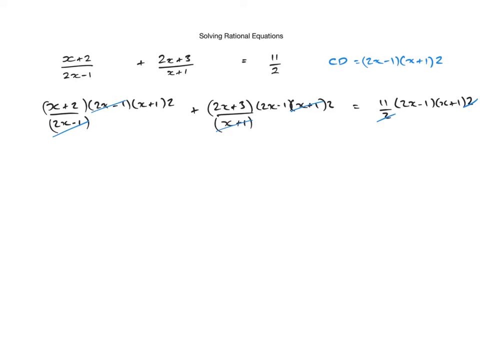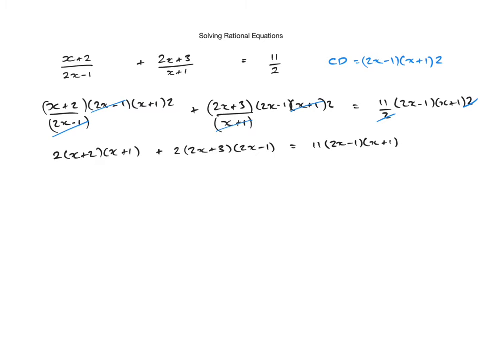Let's rewrite, and what we end up with on the left-hand side is 2 lots of x plus 2 by x plus 1, plus 2 lots of 2x plus 3 by 2x minus 1, is equal to 11 lots of 2x minus 1 by x plus 1.